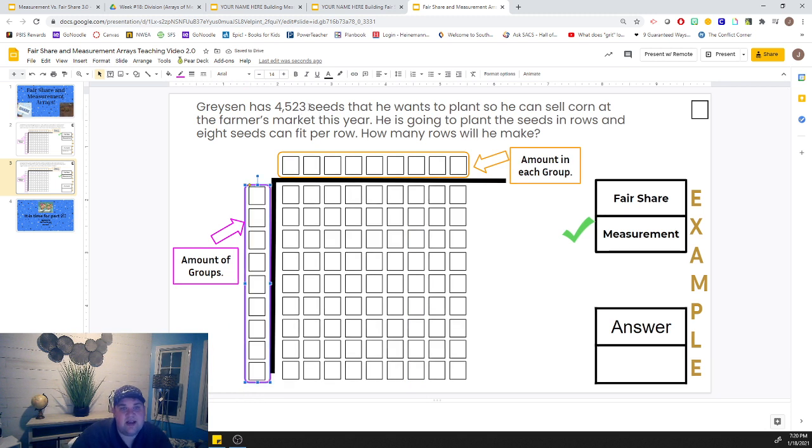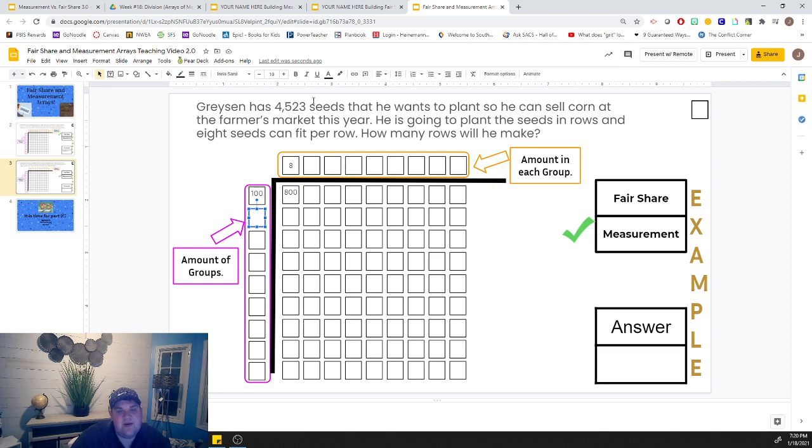And we're going to decide how many rows or groups can be made. So we've got 4,523. I know that there are 8 in each group, so I'm going to put the 8 seeds here for the groups. And I know if I have 100 rows, that's going to make 800 of the seeds. So I need to get to 4,523 though.